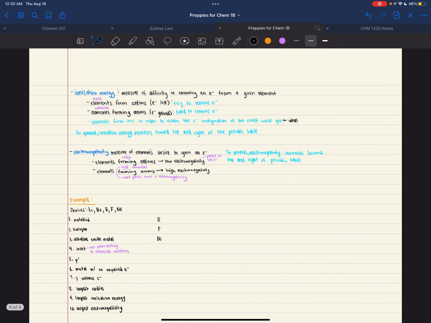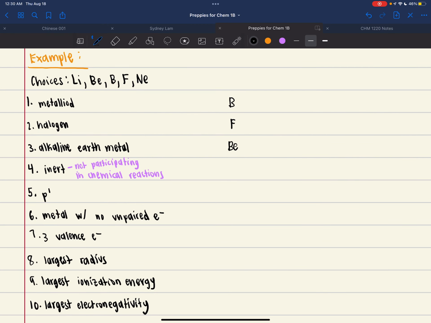Right. So inert. The only elements that are inert, that are not participating in chemical reactions, are noble gases. So the only noble gas in this list would be neon, and they just don't participate in chemical reactions because they're not interested in sharing electrons.